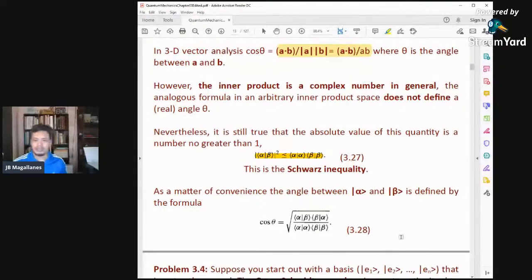By the way, the inner product of alpha and beta and the inner product of beta and alpha are conjugates of each other.